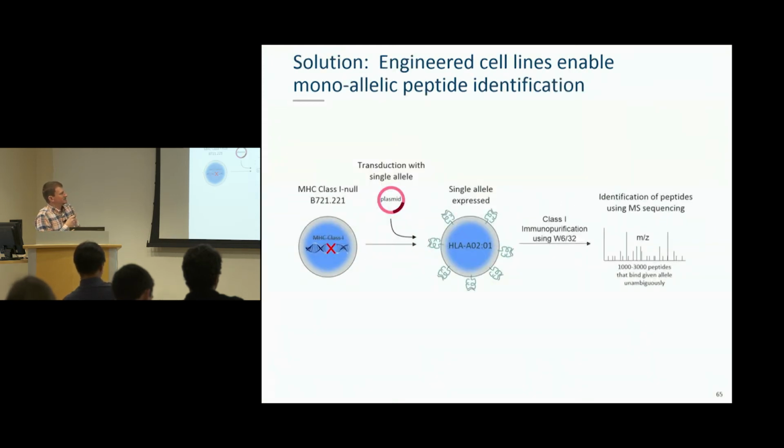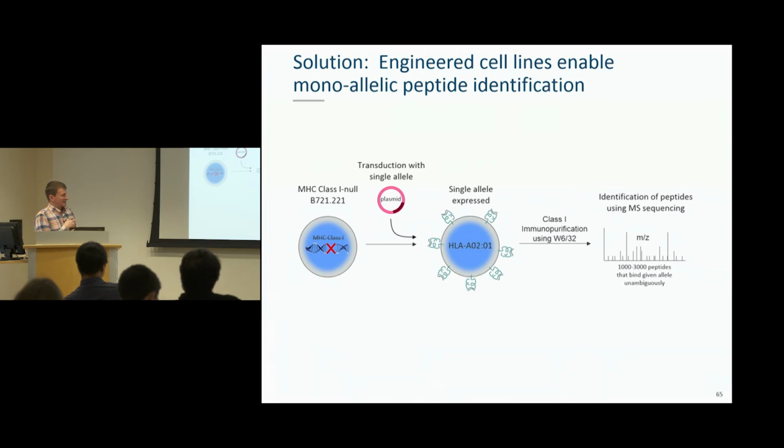So the trick that we used is that we started with a cell line called B721.221, which just so happens not to have MHC expressed because of a deletion in its genome. We could then add in a single allele of our preference via a plasmid, and then get a cell line that's expressing a single allele.